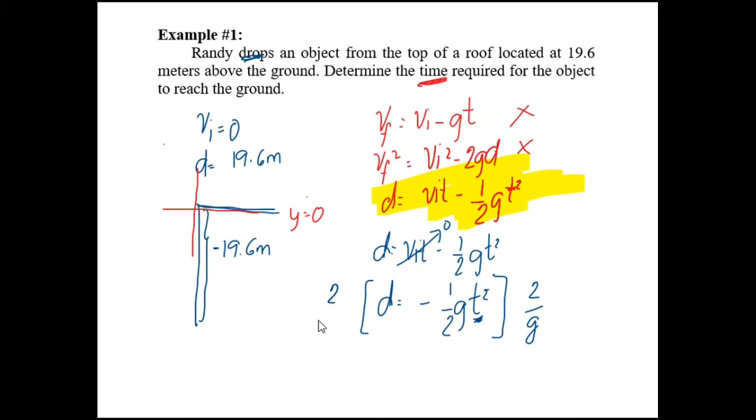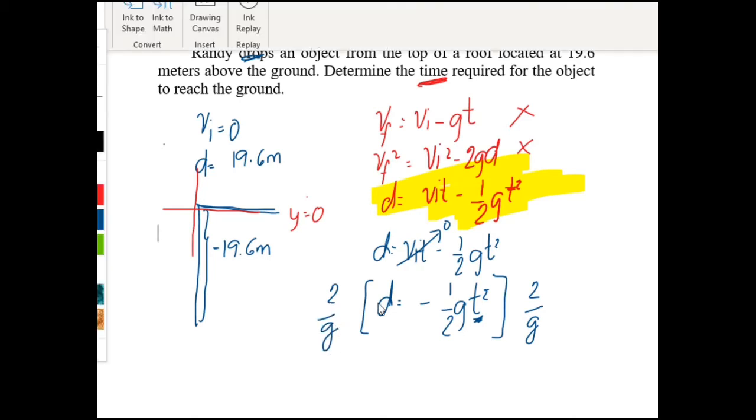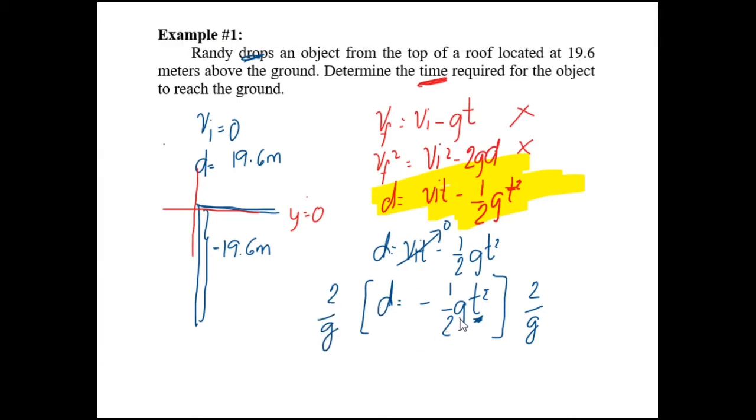Okay, 2 divided by g. So we can cancel out the 2, then we can cancel g. So what we now have here is 2d over g equals t squared. But we want to look for t.